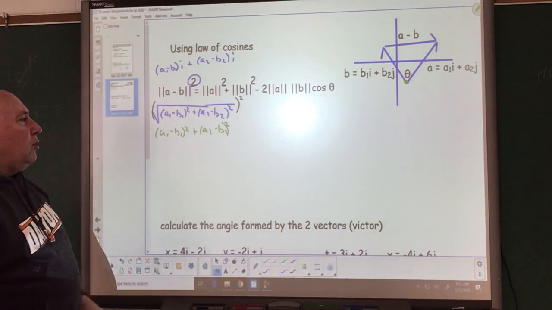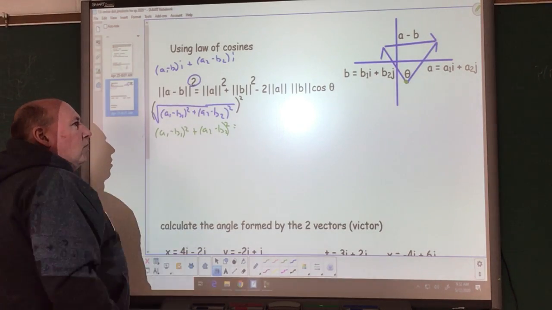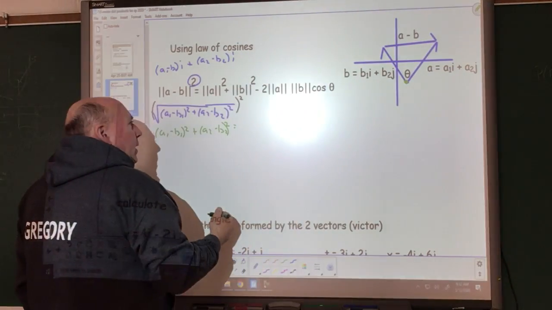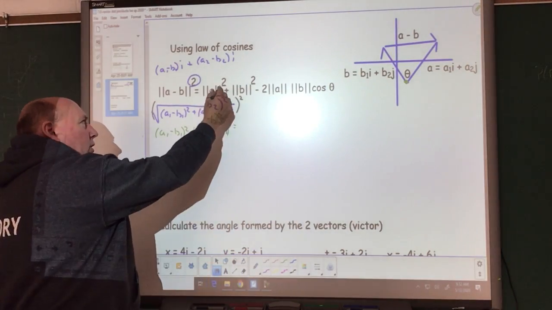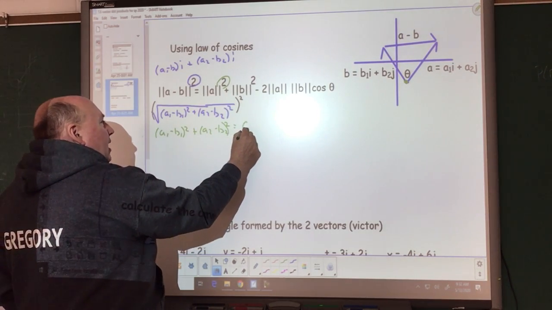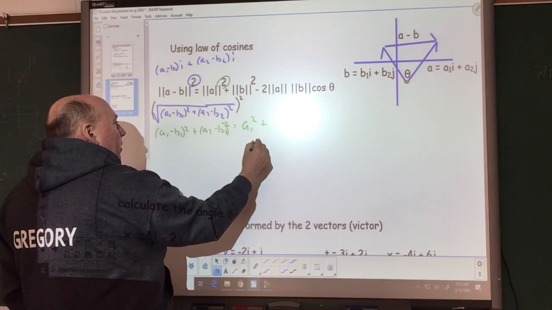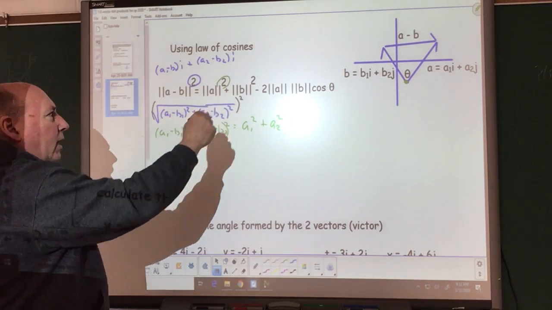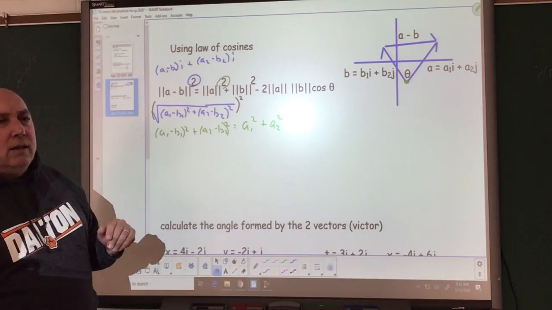Then we have the magnitude of A, which is the square root of A1 squared plus A2 squared. And then we're going to square it, so the square root will go away. So we're left with A1 squared plus A2 squared. That's square rooted, but then we're squaring it.